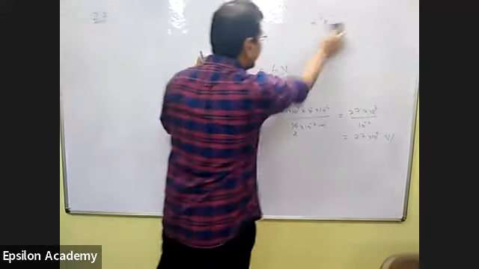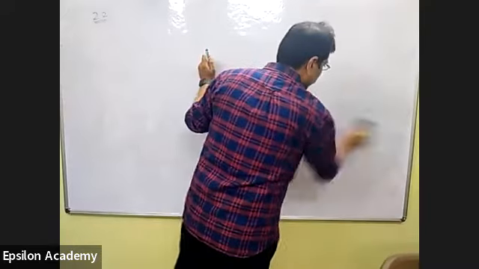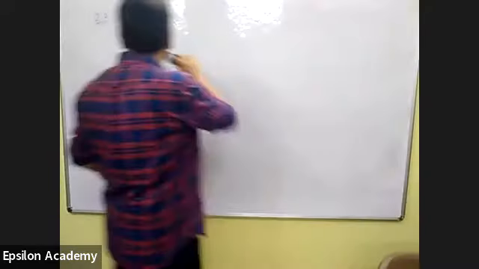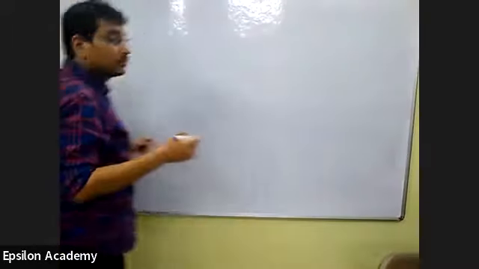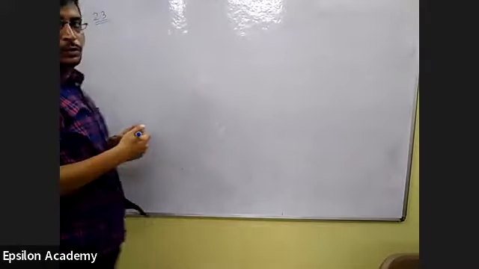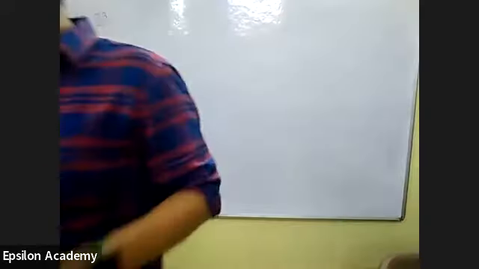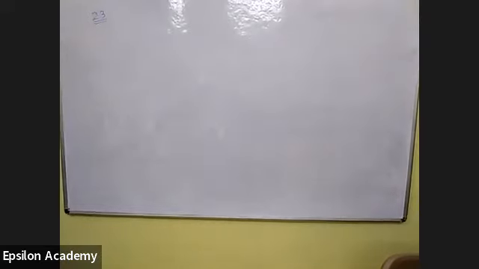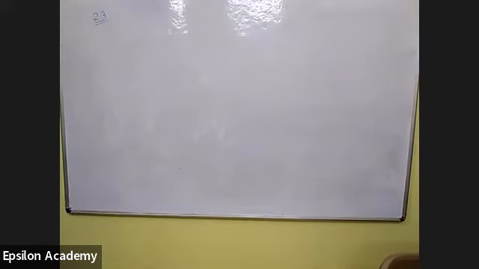What about 2.3 guys? Tell me. So how to do 2.3? Two charges, 2 microcoulomb and minus 2 microcoulomb are placed at point A and B, 6 centimeter apart.